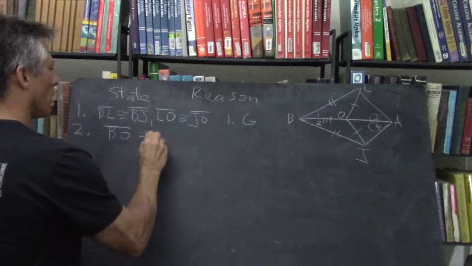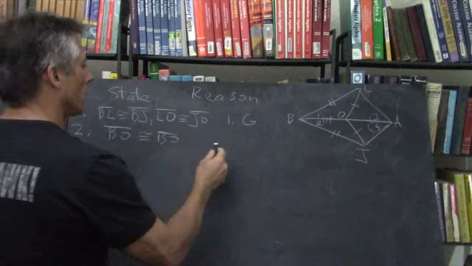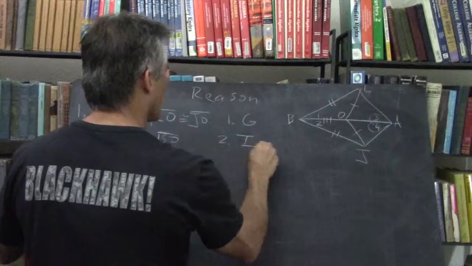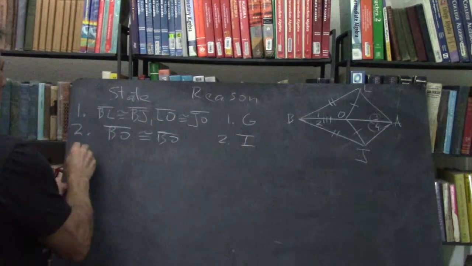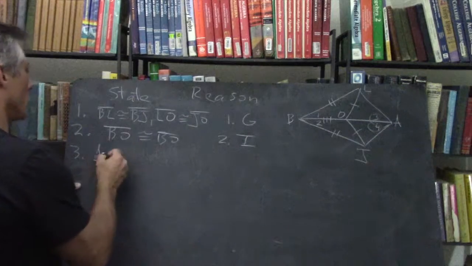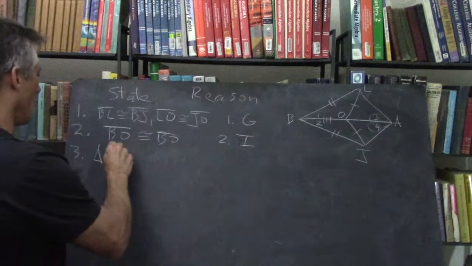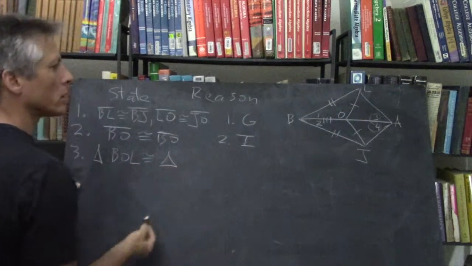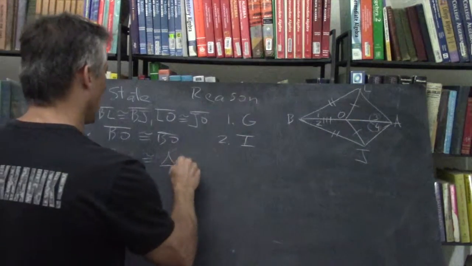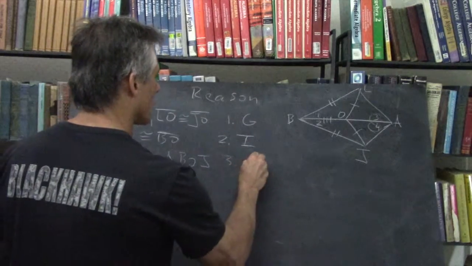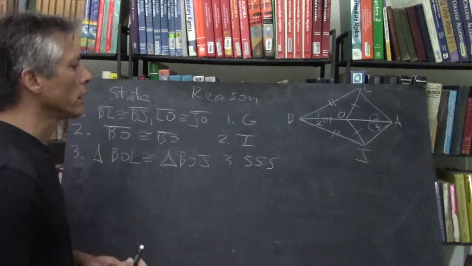So BO congruent to itself, identity. And then we know triangle BOL is congruent to triangle BOJ. That's the side, side, side theorem.